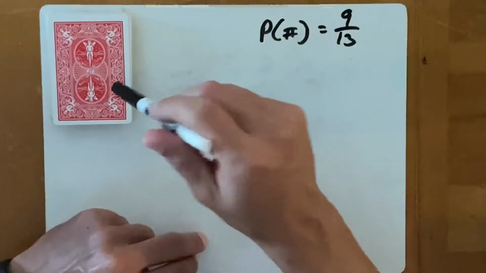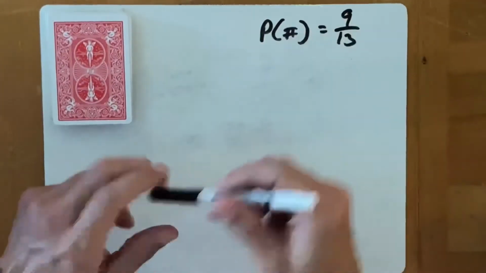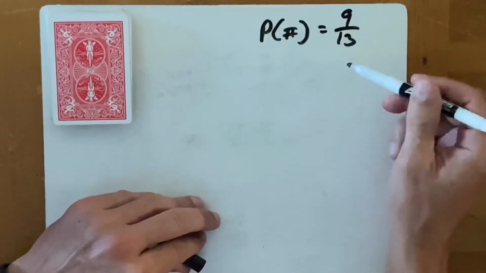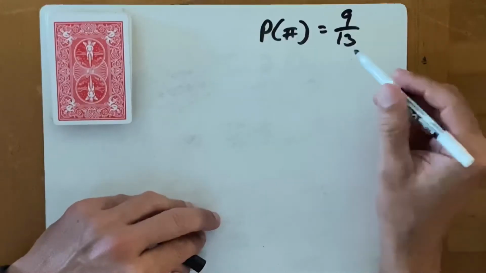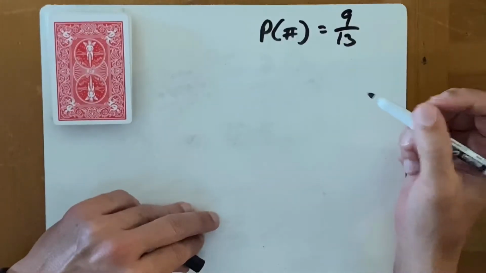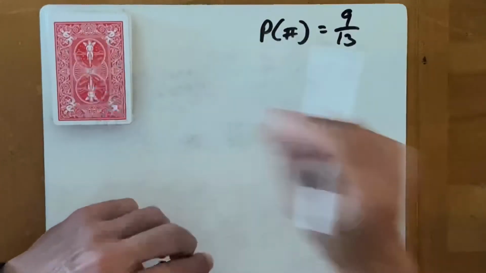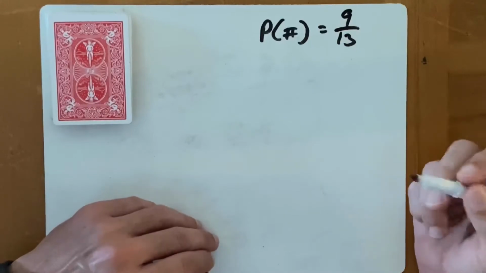So since I did it with replacement, the probability of me pulling another number card is still going to be 9 out of 13, because there's still 9 numbers in each suit and 13 cards in a suit. So if I did not put that card back in, and let's say I put that card off to the side, now it's become a dependent event.